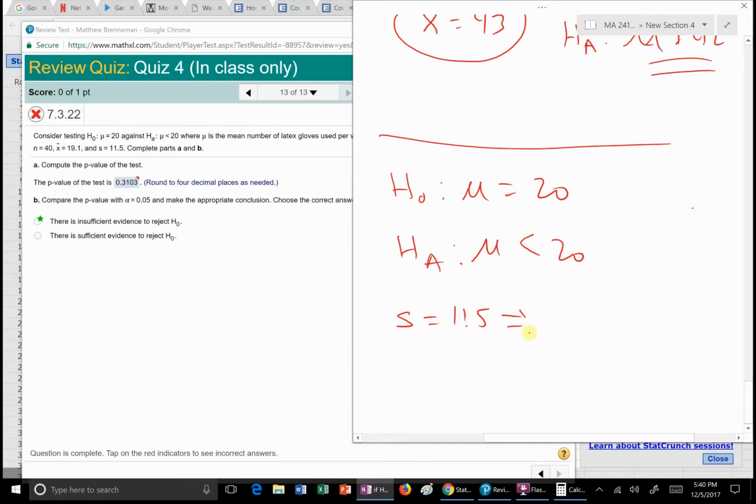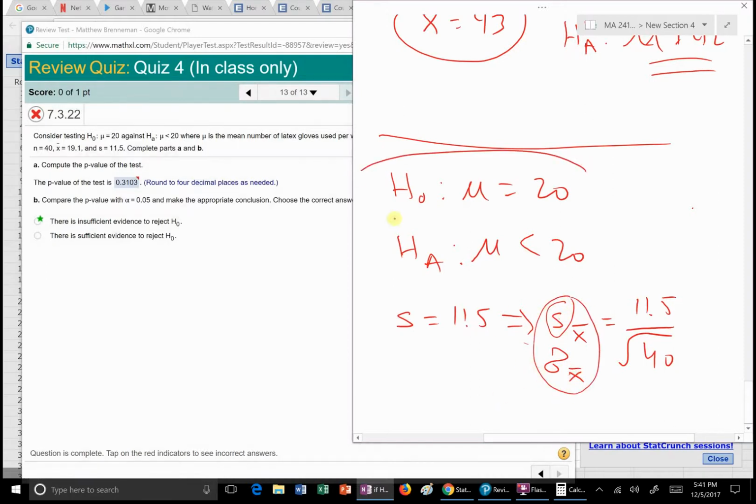So this tells us that the standard deviation of x bar is going to be 11.5 divided by the square root of 40. And we don't really care too much if this is the sample standard deviation or the population standard deviation. We're going to say that these are basically the same.